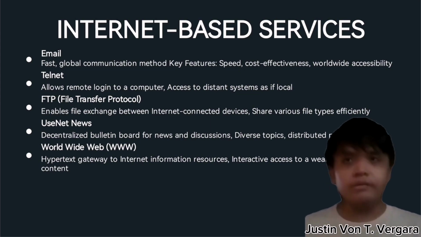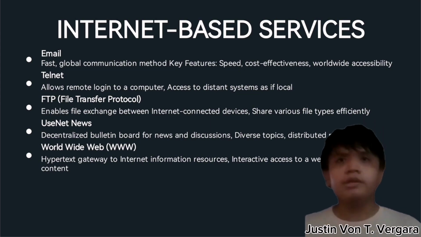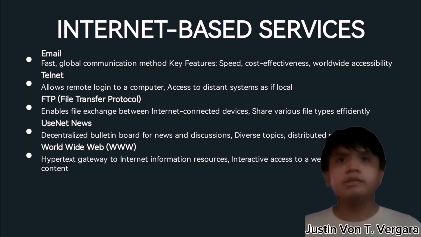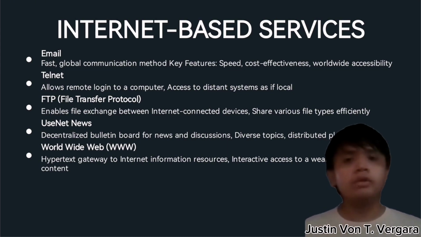It is like a giant bulletin board where people from all over the world can put messages and have discussions on various topics. And the last is the WWW, which stands for World Wide Web. It is a hyper interface to internet information resources.